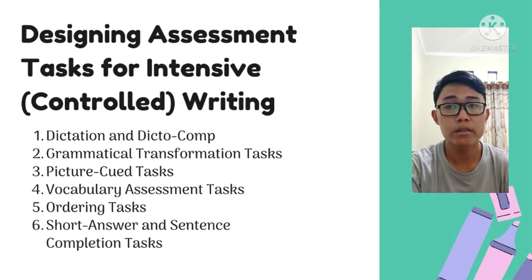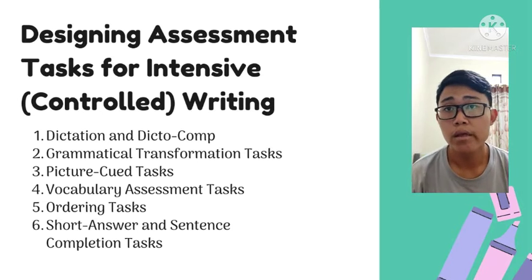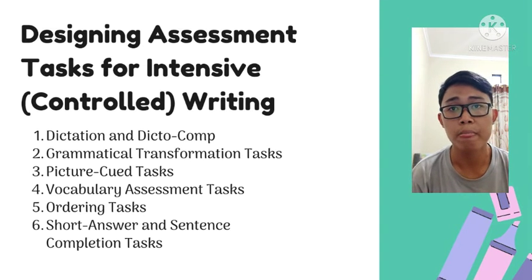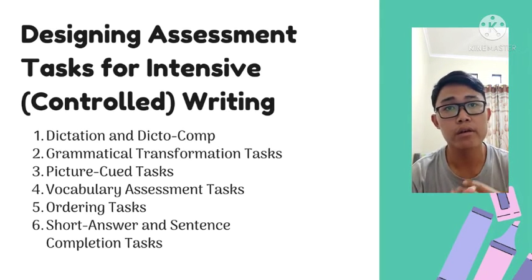The first is dictation and dictocomp. In Chapter 6, dictation was described as an assessment of the integration of listening and writing. But it was clear that the primary skill being assessed is listening. Because of its response mode, however, it deserves a second mention in this chapter.